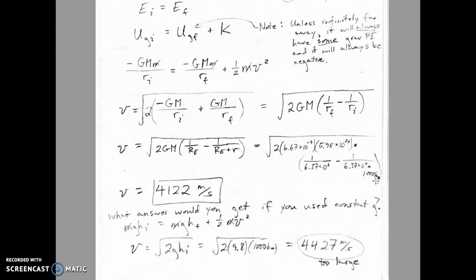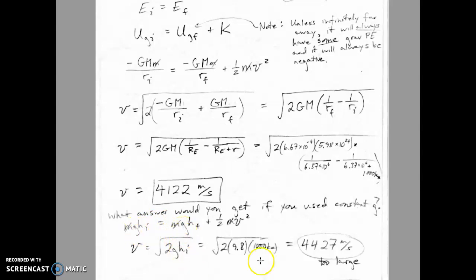And you can see that when you solve for the velocity, you get 4,122 meters per second. If you solve this the old-fashioned way with a constant value of gravitational field strength, you would get the wrong answer. It would be too large. So that's why we have to use this gravitational potential energy now.